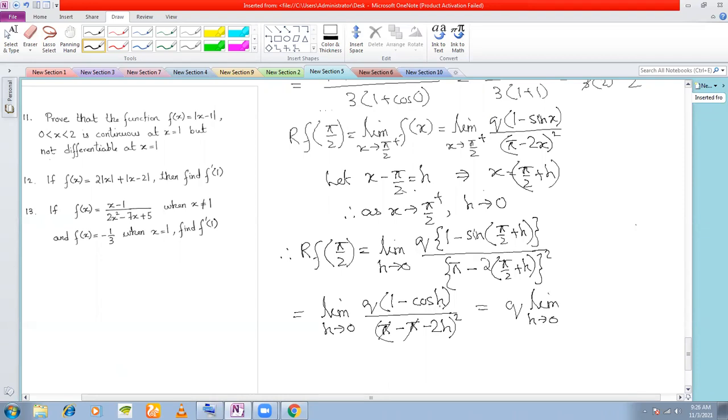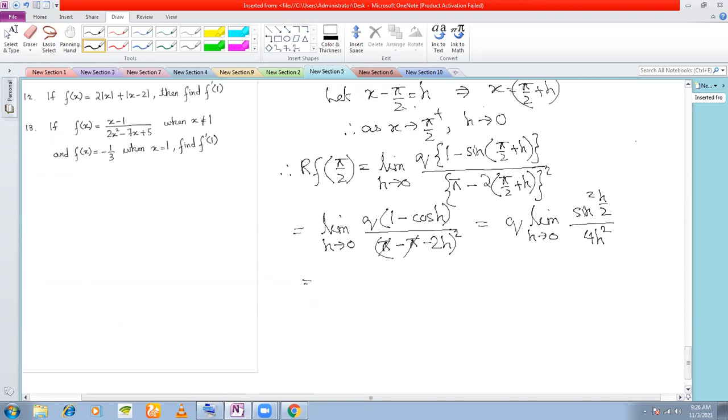Now 1 minus cos h can be written as 2 sine square h by 2. And in the denominator, you are left with 4h square, right? Which is equal to q times limit h tends to 0 of sine square h by 2. Now we also need an h by 2 in the denominator because in the numerator you have sine square h by 2. In fact, you need h square by 4 in the denominator.